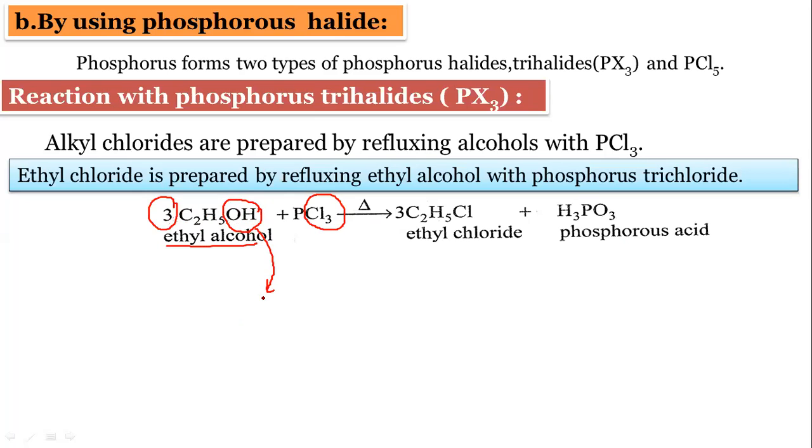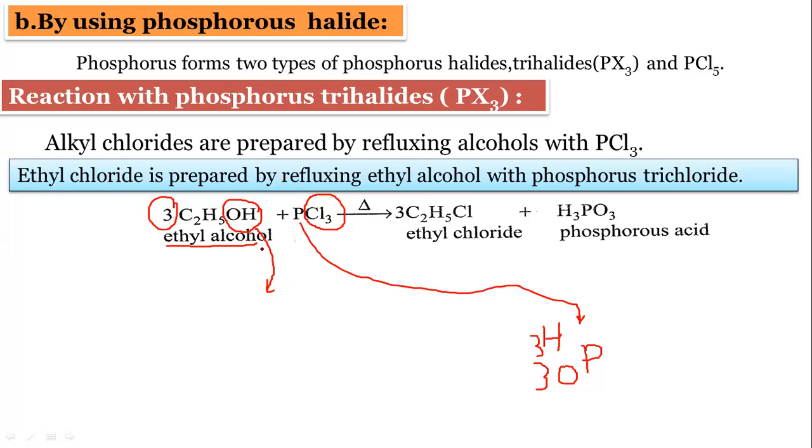3 OH groups are replaced, means how many hydrogens are there? 3 hydrogens are there, 3 oxygens are there, and 1 phosphorus is there. These 3 chlorines are replaced, OH is removed.